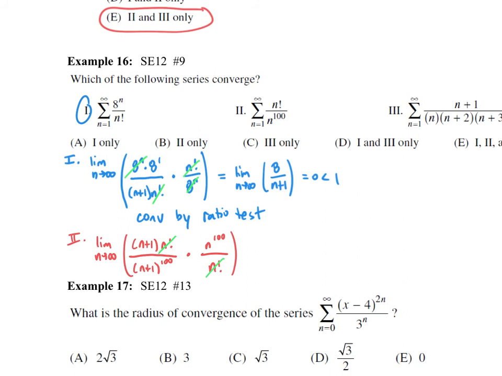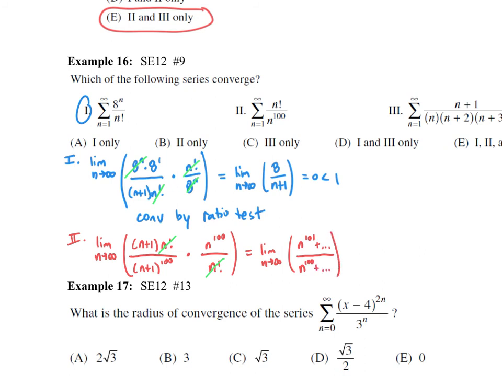The idea with the numerator is that, if you were to distribute it all out, you would have n to the 101 plus a little bit there divided by n to the 100 power plus a little bit there.